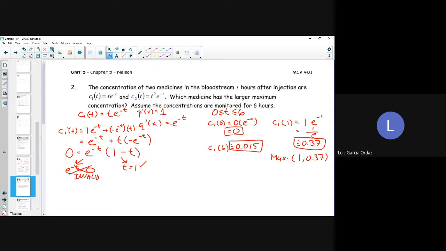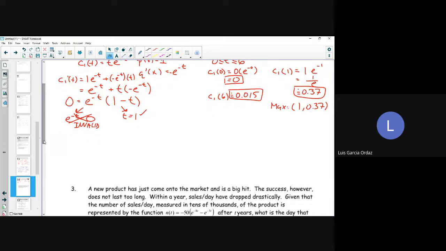So now what I want you to do is I want you guys to try and figure out what is my maximum value at my medicine 2, which is the function t squared times e to the negative t. Remember, I have two functions, so I need to use my product law. I'll help you out. P prime of x is 2t, and q prime of x is negative e to the negative t.